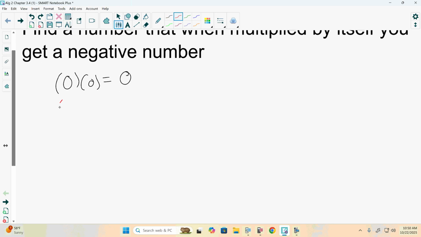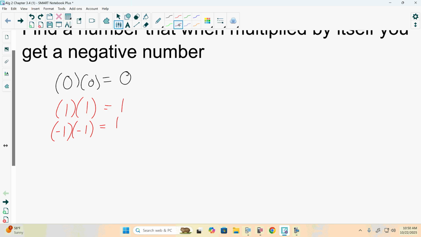Let's say 1, because if we multiply 1 by itself, well, 1 times 1 is 1. That's not a negative number, so what could we say? Negative 1 times negative 1 is 1. So whenever we multiply a number by itself, we're always going to get a positive number.